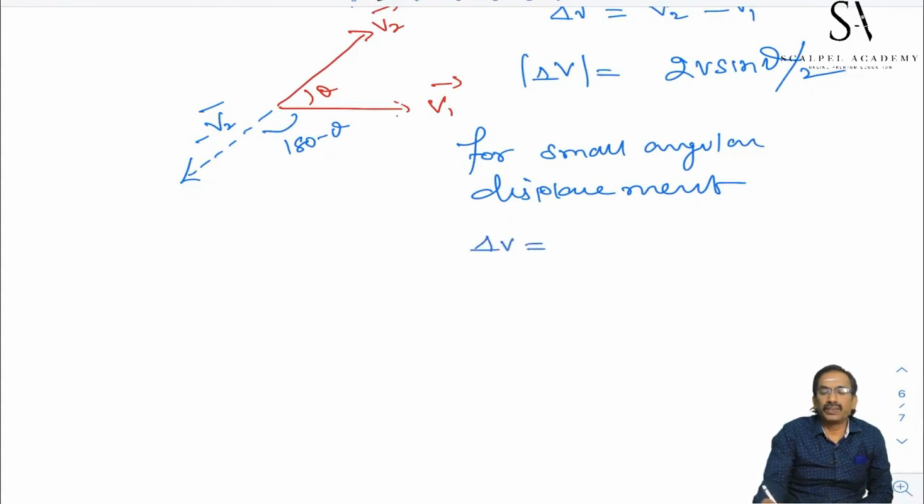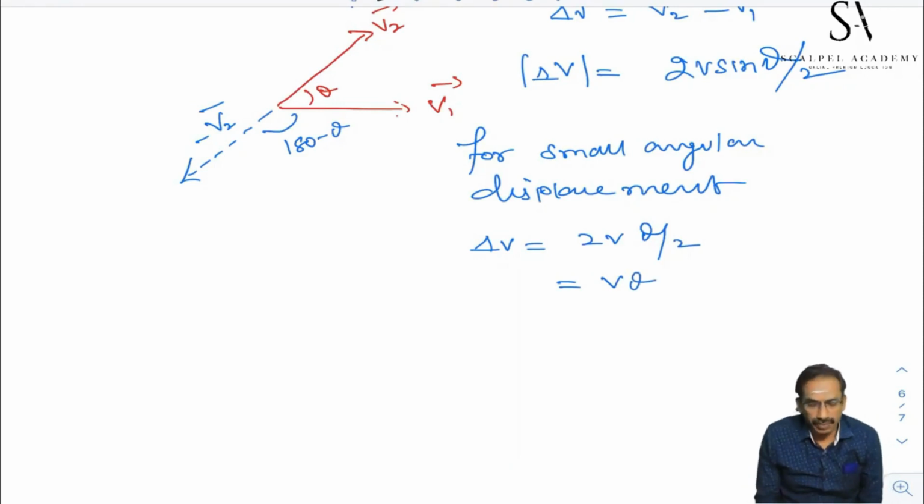Therefore, delta v is equal to 2v theta by 2, that is equal to v into theta.